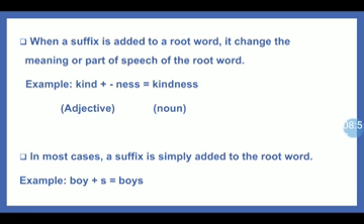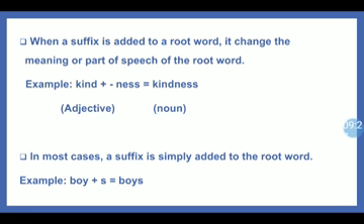Now, when a suffix is added to a root word, it changes the meaning or part of speech of the root word. So let's look at this example. The word kind by itself is an adjective.